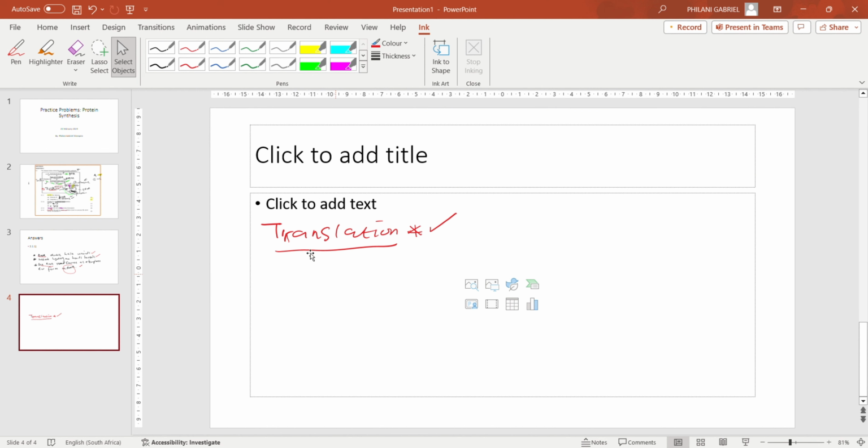So when you describe translation, you have to mention a few points. tRNA carries specific amino acids.